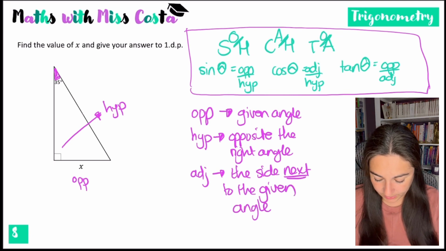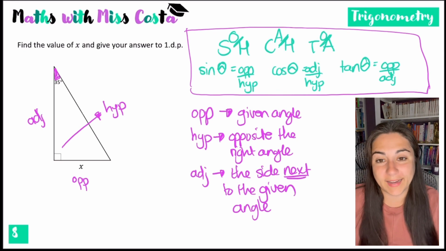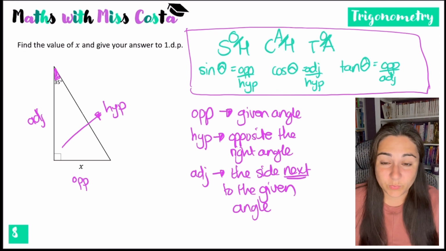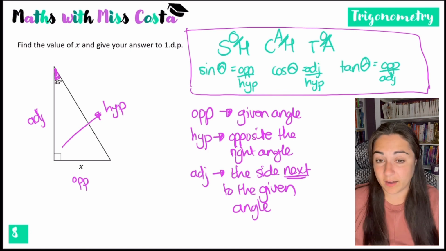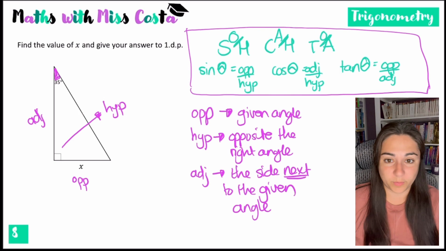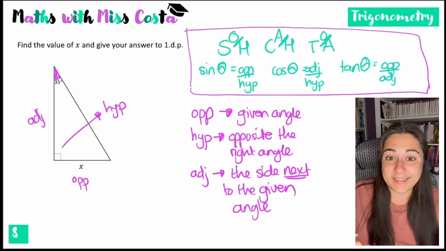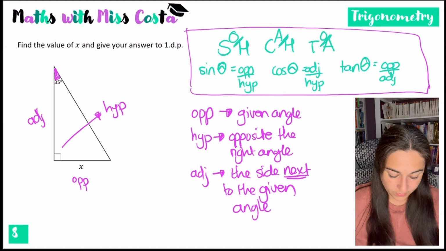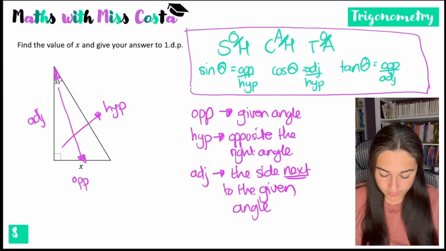The adjacent side is going to be here. Where people always go wrong is they label the sides wrong, so it's really, really important. The first thing you do when you see this triangle is label the sides. Which one's the hypotenuse? That's super easy because it's opposite the right angle. Which one's the adjacent? It's the one that is next to the given angle, and the opposite is the one that is opposite the given angle.